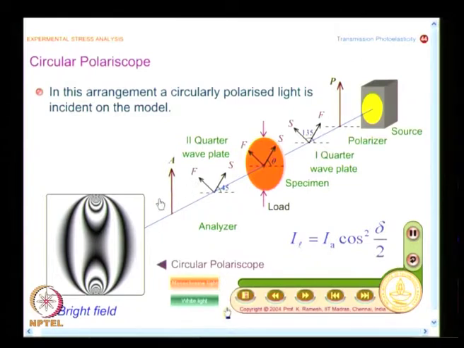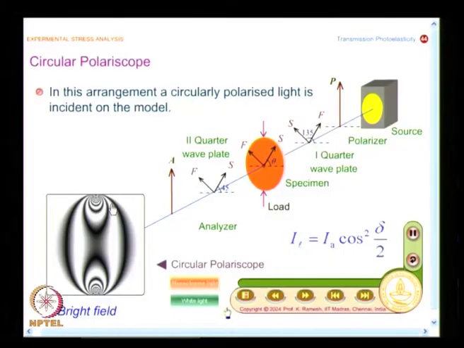And I also mentioned you see a complementary fringe pattern between dark and bright field. What was appearing as dark in the dark field will appear white. So, the fringe areas which were dark appear white in a bright field, and it is possible to show that these are fringe orders 0.5, 1.5, 2.5, 3.5 and so on.